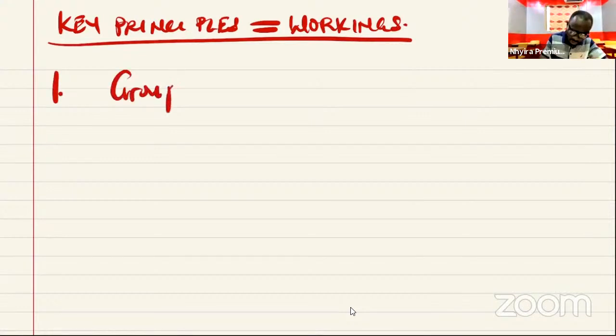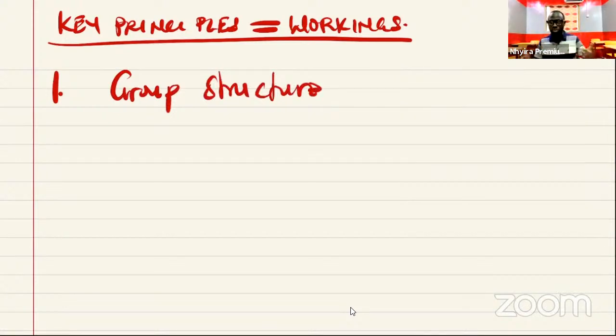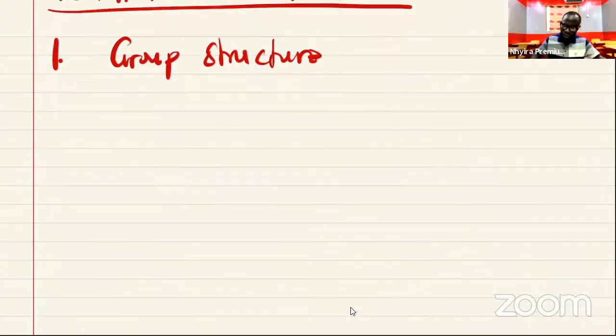Stay with me carefully here, because I'm going to be illustrating a lot of things in the group structure. That is the first thing we're going to be looking out for when it comes to the preparation of the consolidated financial statements.